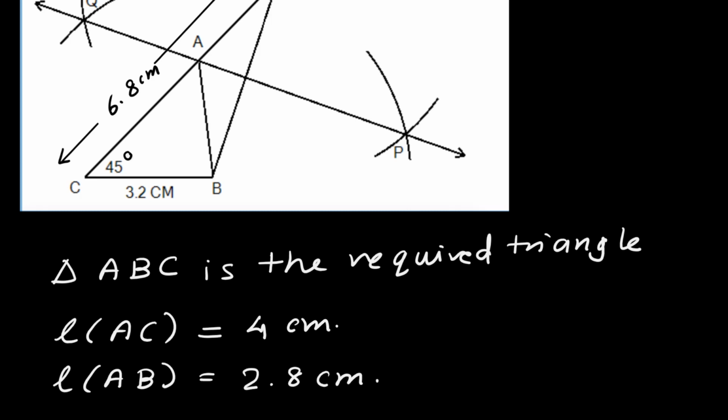Plus minus 0.2 is allowed. If the answer is 3.8 to 4.2 or 2.6 to 3, the tolerance is very wide. Now complete construction number 3. I am not going to help now.